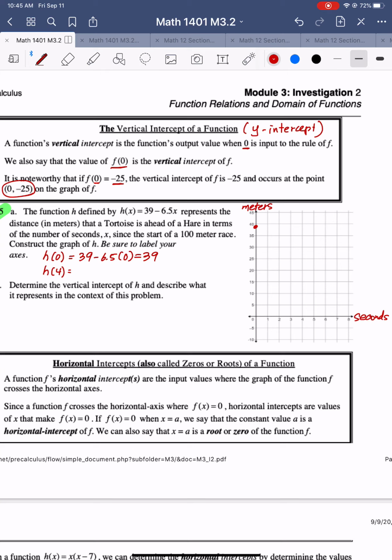You can put the 1 too if you want. So h of 4 means 39 minus 6.5 times 4, okay? So 39 minus 6.5 times 4, which is 13. So when x is 4, y is 13, so about here, isn't it?